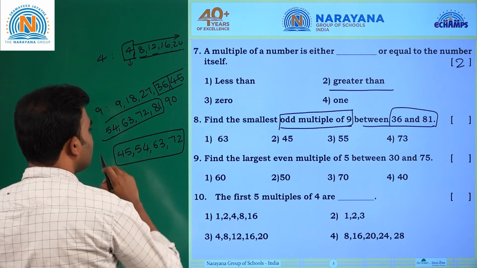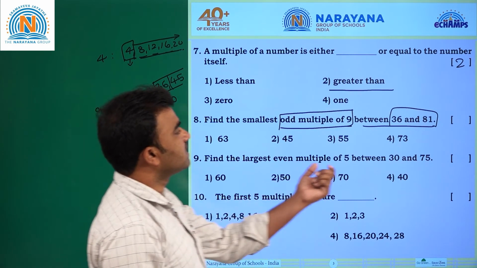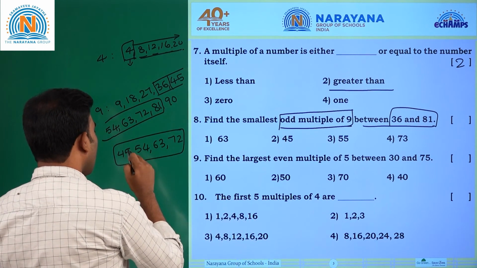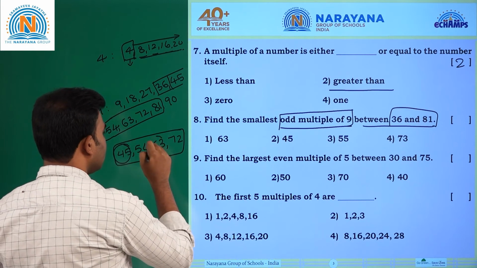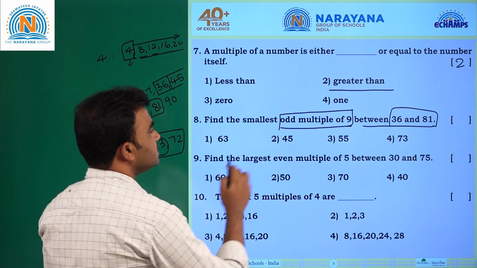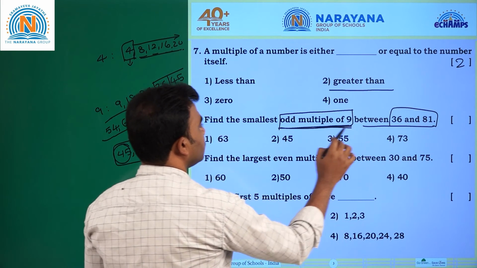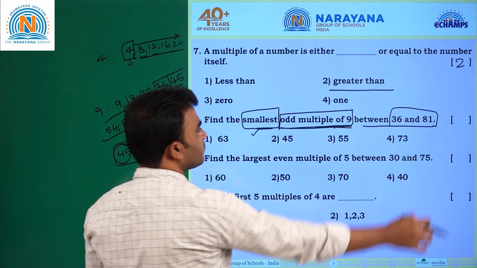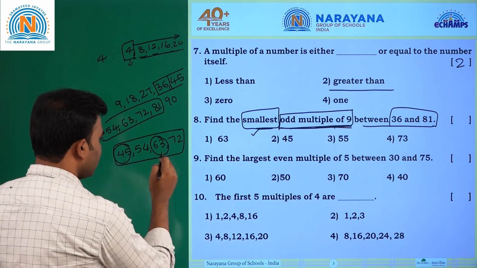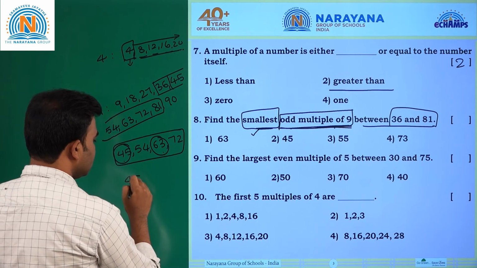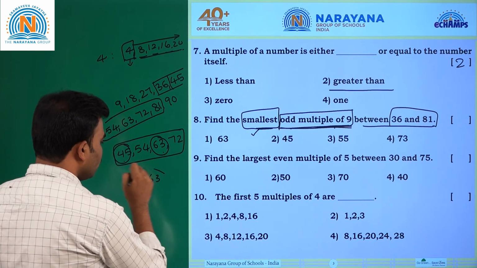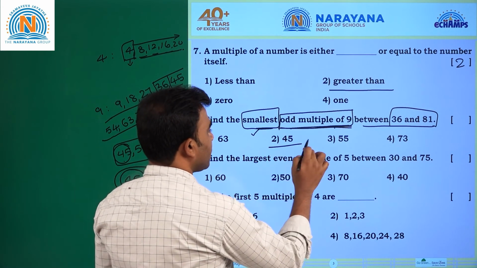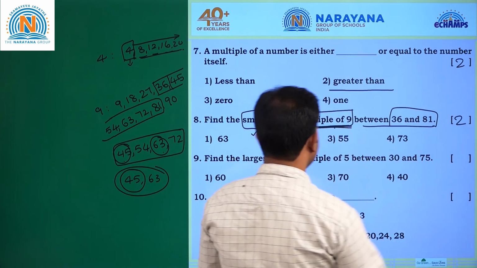In this, what are the odd multiples? 45 and 63. We have found the odd multiples. At the same time, they are asking us for the smallest odd multiple of 9. Among 45 and 63, which is the smallest number? 45. So the answer is 45. Option 2 is our answer.